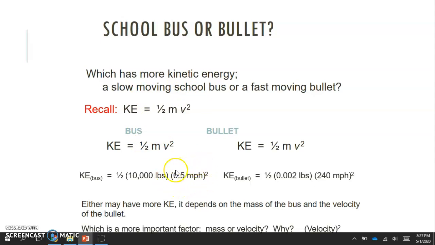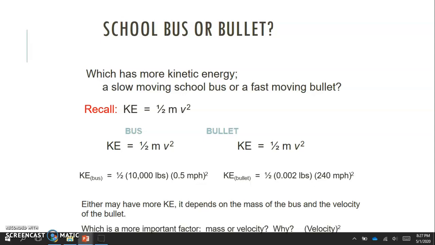Anytime you're squaring a value, it's going to increase exponentially compared to your mass, which you're not squaring at all. So velocity typically affects your kinetic energy more and is more important than the mass of an object. Just something to keep in mind.